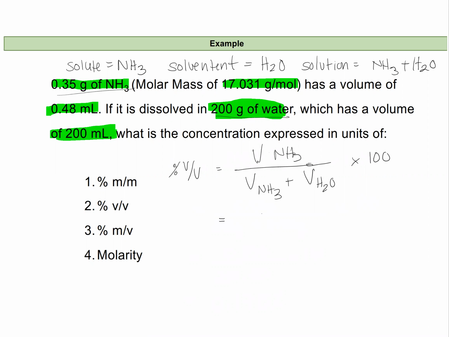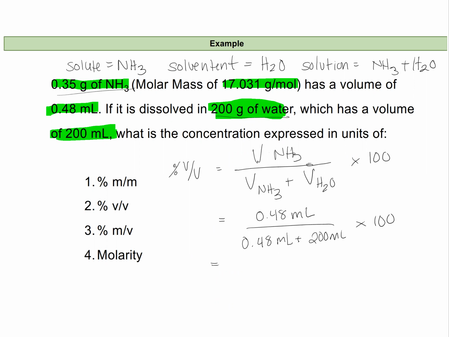So we're told that we have 0.48 milliliters of our ammonium. So I'll put that on top, and I'll right away put it on the bottom, because I know I need to add it to my solvent, which is the 200 grams of water, which has a volume of 200 milliliters.